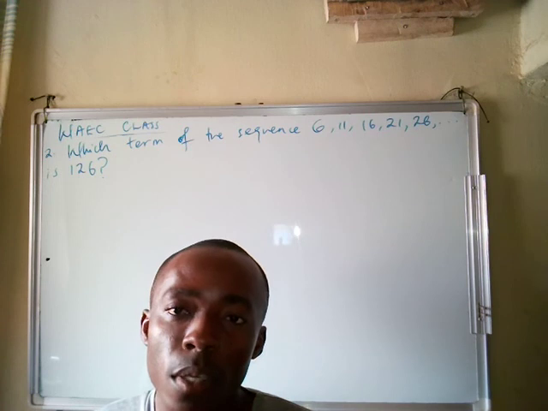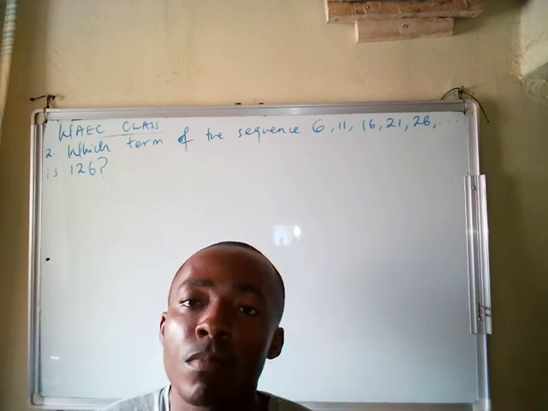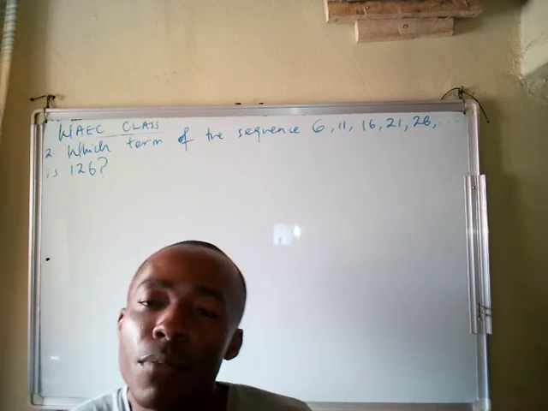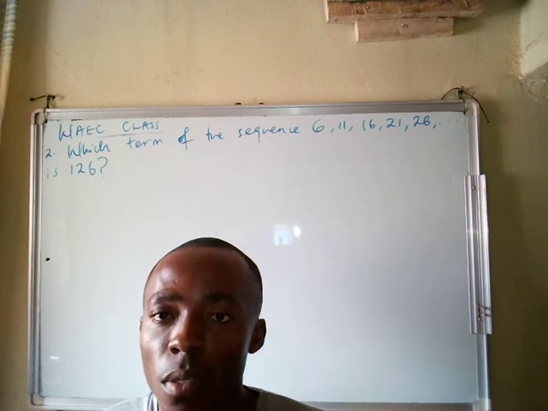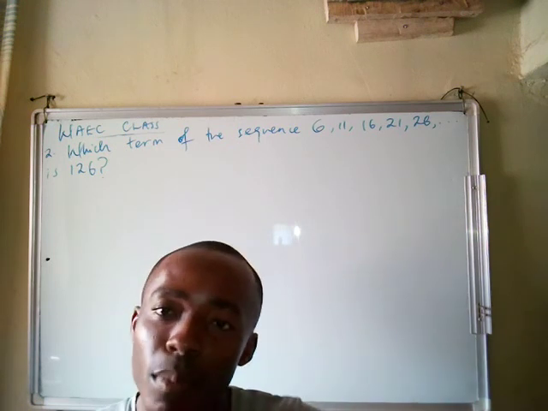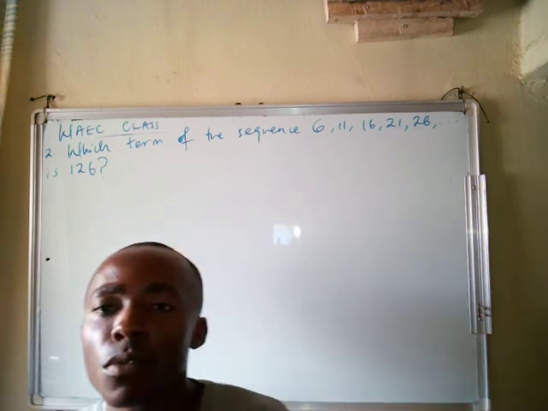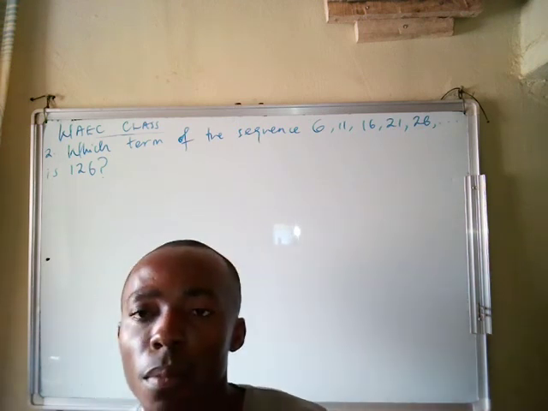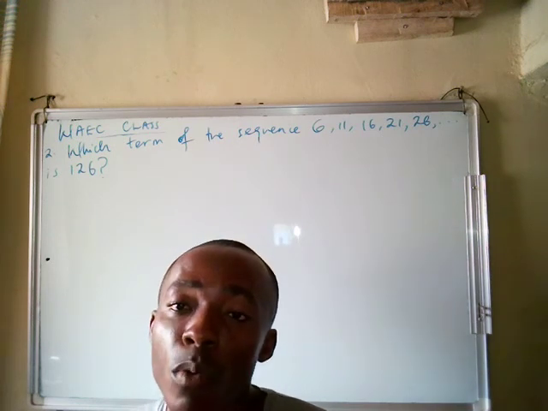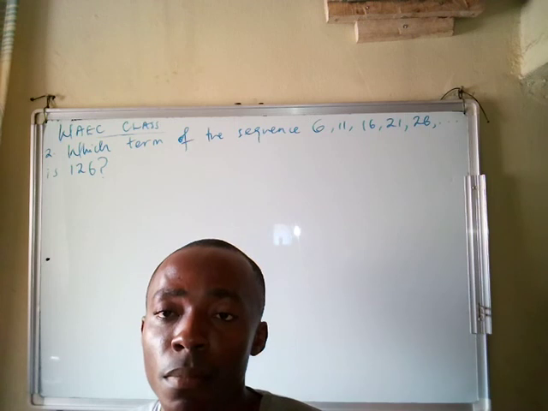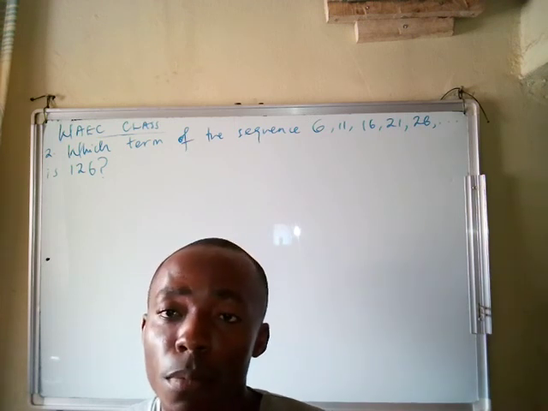Most times, they don't give you theta, but they give you every other thing. They give you pi, they give you r, and they also give you the length of the arc and ask you to find theta. Or they give you the length of an arc and theta, which is the angle, and they give you pi, but they don't give you the radius.